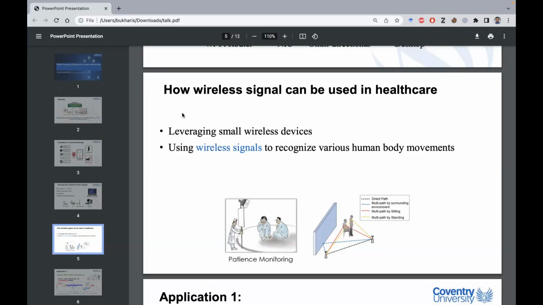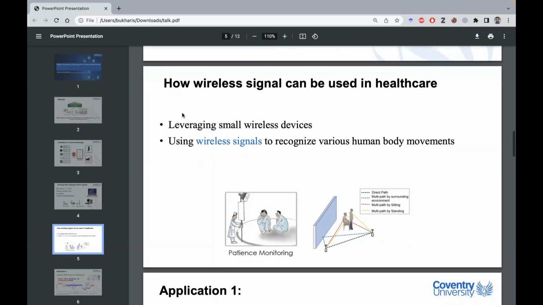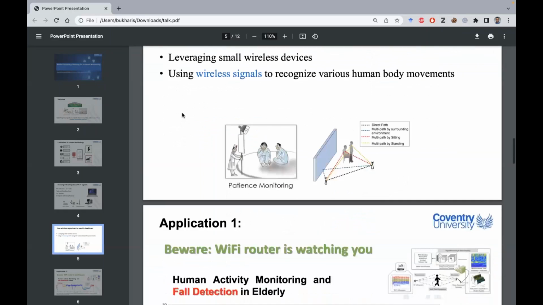So if you combine the signals received for sitting position and the received signals for standing position, they will be distinct. This is how you can infer different human activities of daily living. The signals received in sitting position will be different from standing position. That's the whole idea or rationale behind using radio frequency sensing.